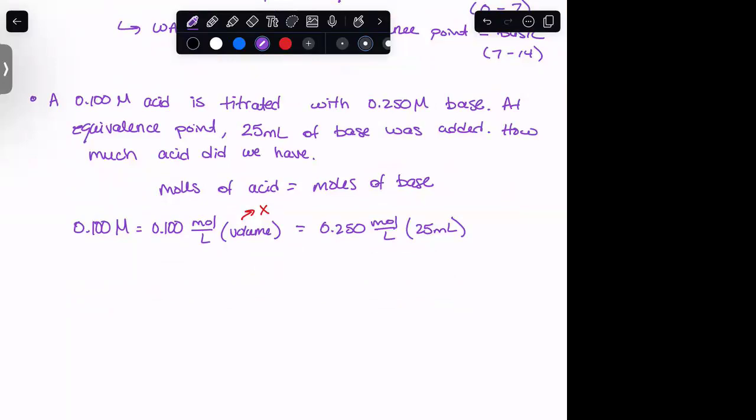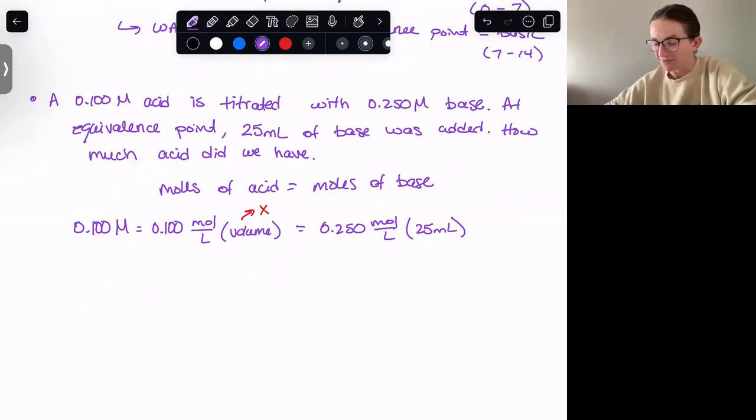Do we need to? Yes. Okay, so you actually don't. It's kind of a trick question that I like to give. In this case, right, if you wanted to cancel out your liters, you could. You could totally change this to 0.025. But if we solve this directly as it is, then our answer will come out in milliliters.